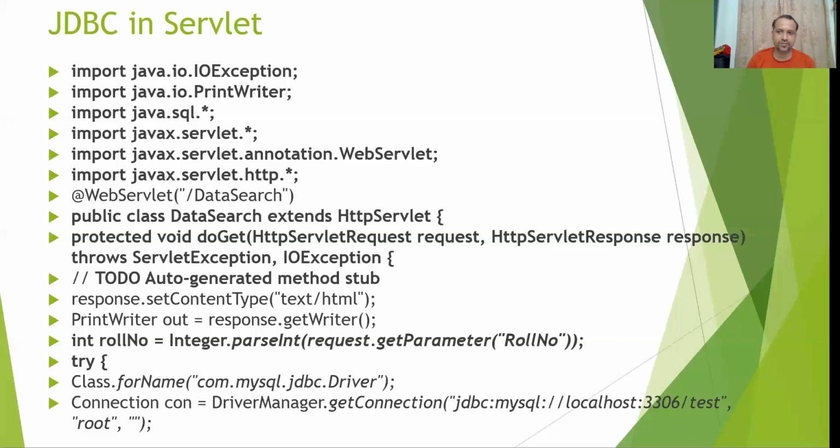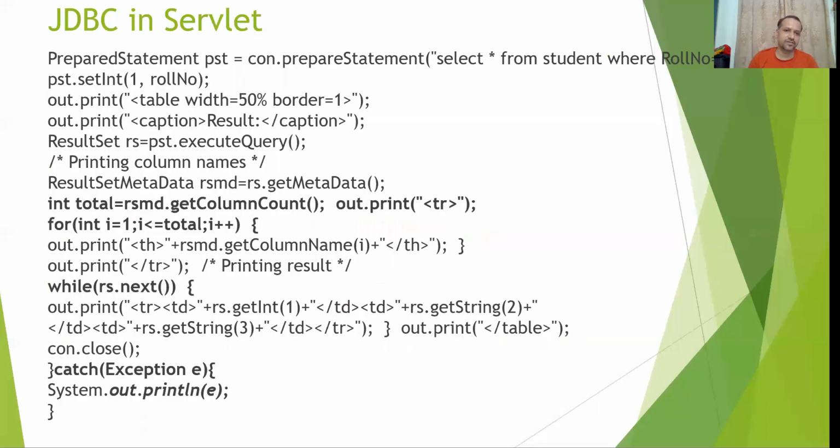Suppose I have mentioned one roll number, then it is going to search the record accordingly. Now Class.forName, as you know, then Connection con with DriverManager.getConnection. With the help of this, I am going to get the connection. After that, I have prepared a statement: select star from student where roll number is this. After that, out.print is the object I have created to print the content on the browser.